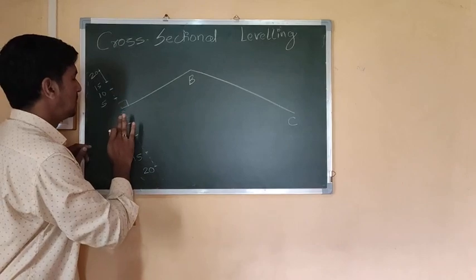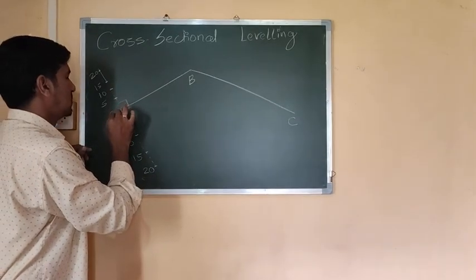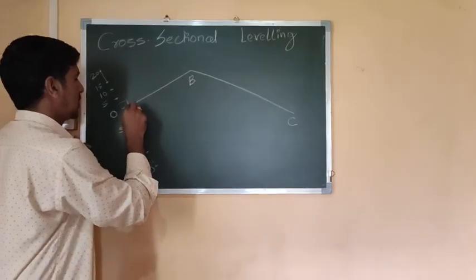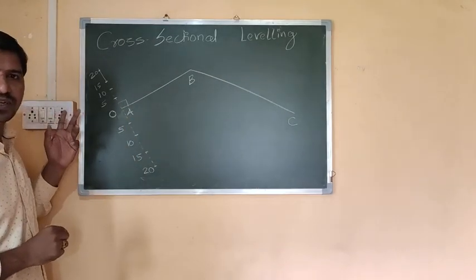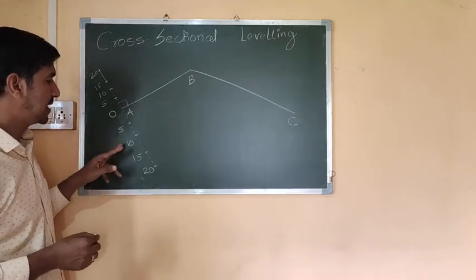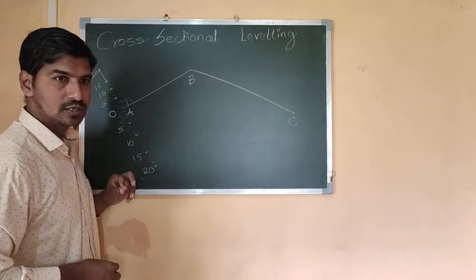Point A will become the center line, so I will call it 0. On this 0, on both the right side and the left side, I have divided in 5 meter intervals: 5, 10, 15 and 20 on both sides.